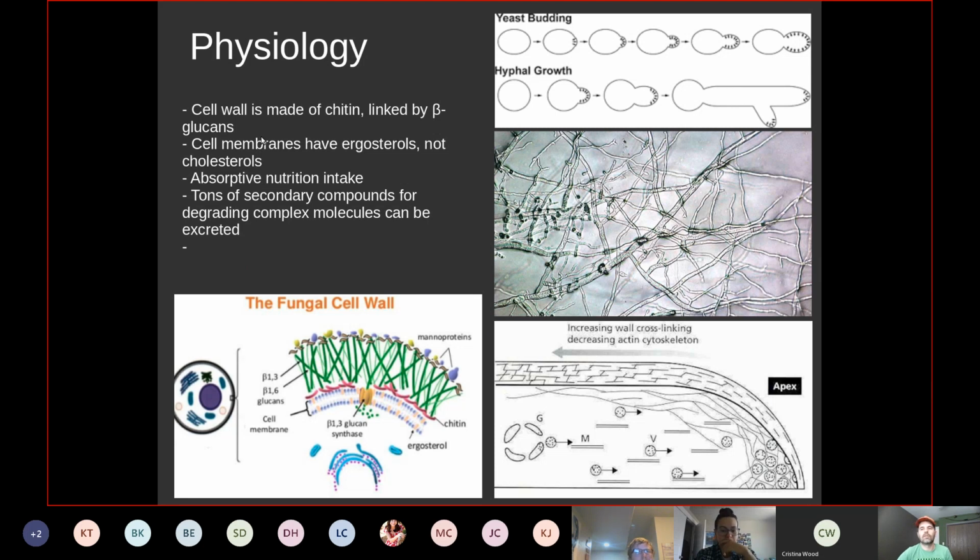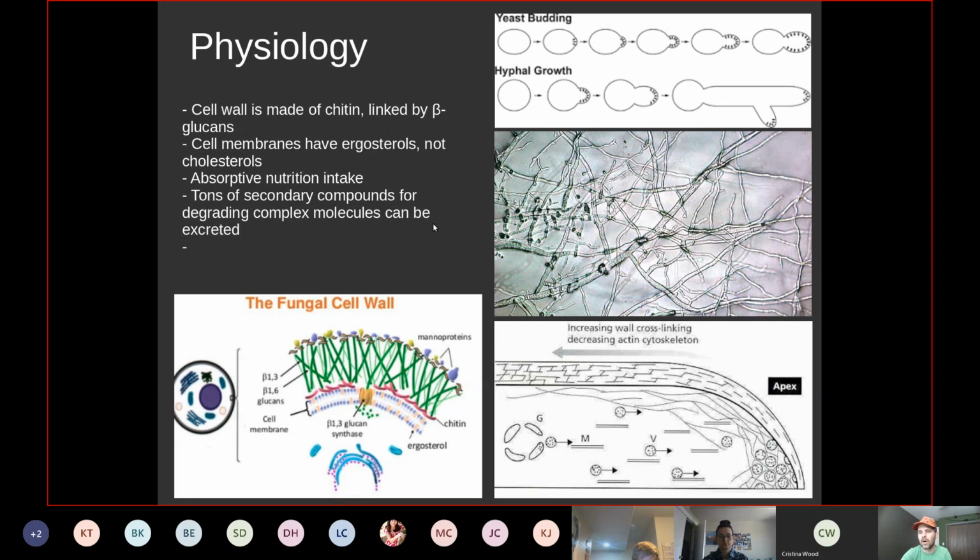Another major difference that fungi have is that they use ergosterol instead of cholesterol. They have absorptive nutrition intake, and they make a ton of secondary compounds, way more than plants or animals combined. So we'll get to look closer at fungal cellular structure in a little while.